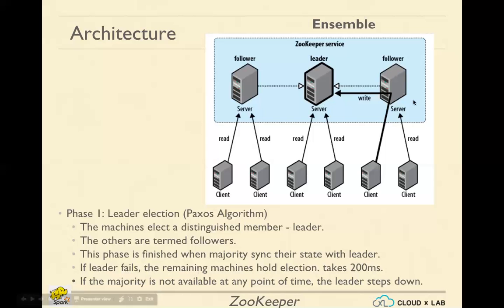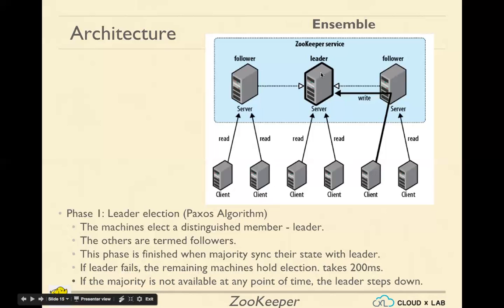So when the client says, I want to write data, what does writing mean? Creating a Z node, updating a Z node, or deleting a Z node. If a client requests modification of the data, the request gets redirected to the leader.